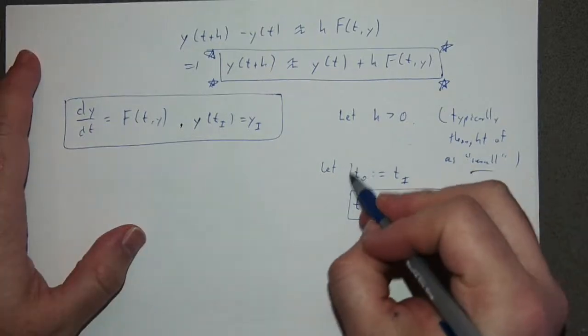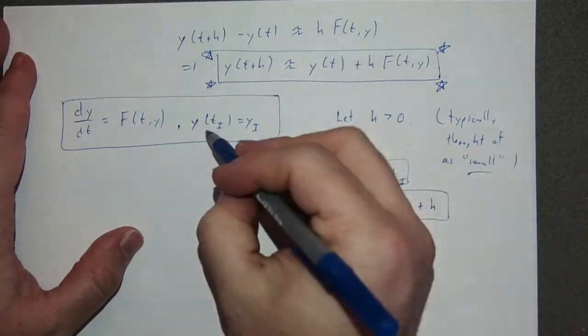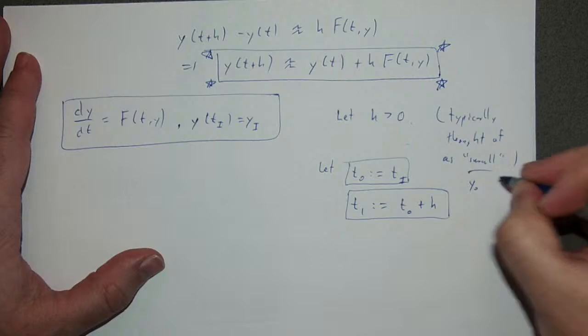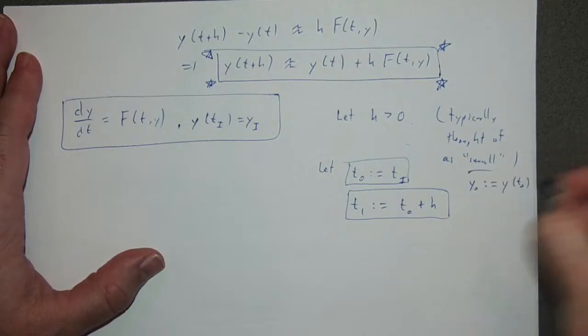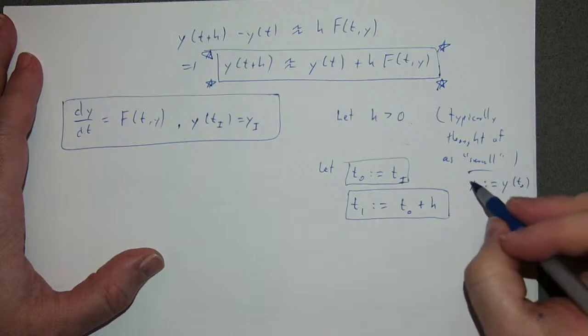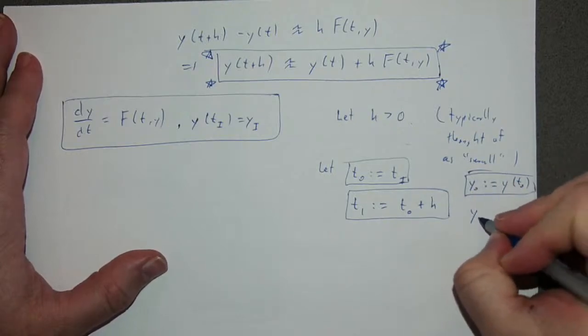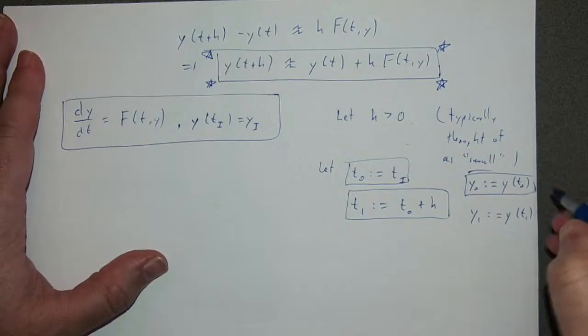Now, these are the time values. Corresponding to these, there are y values. So y_0 is defined to be y(t_0), and y_1 is defined to be y(t_1).